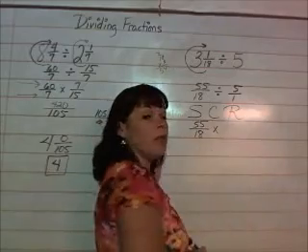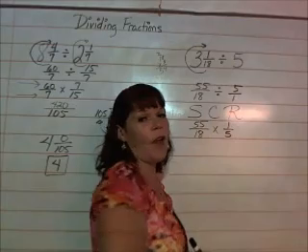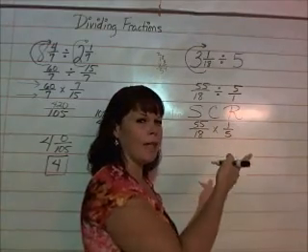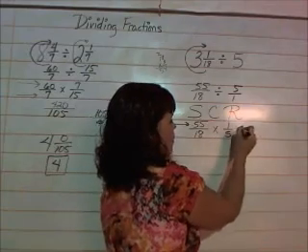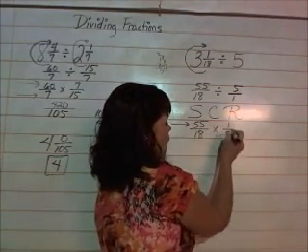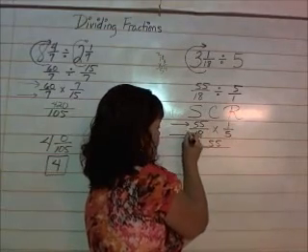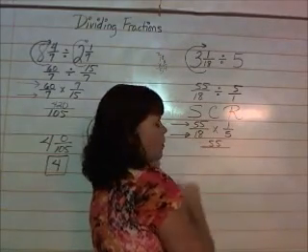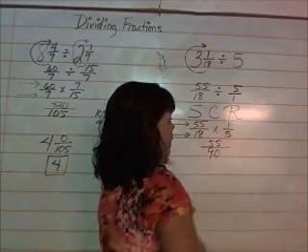And the reciprocal of 5 over 1 would be 1 over 5. Remember, it's just like flipping. Now it's a multiplication problem, so I can multiply straight across. 55 times 1 is 55. 18 times 5 is going to be 90.